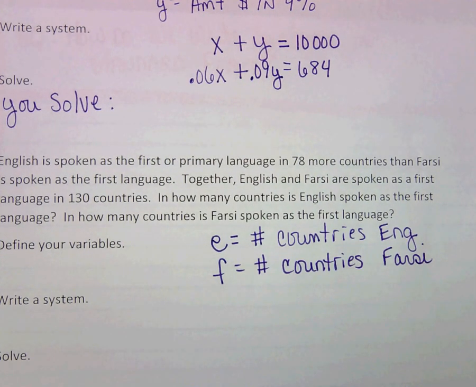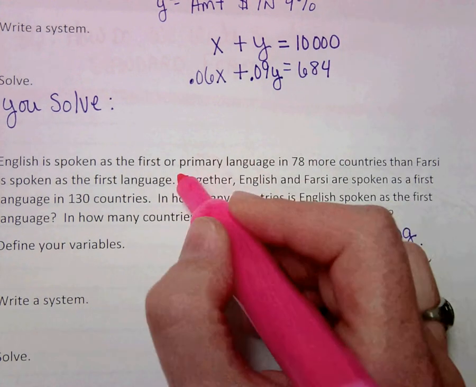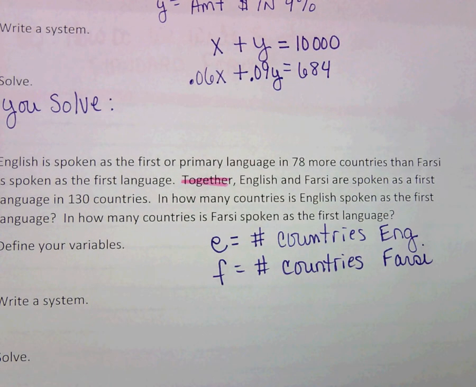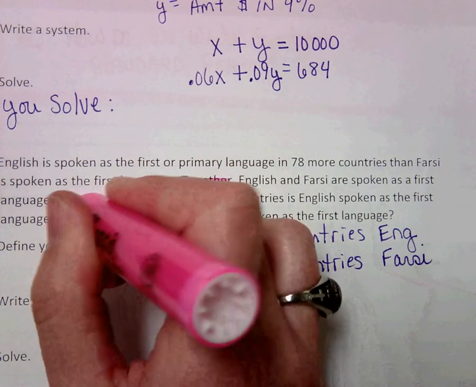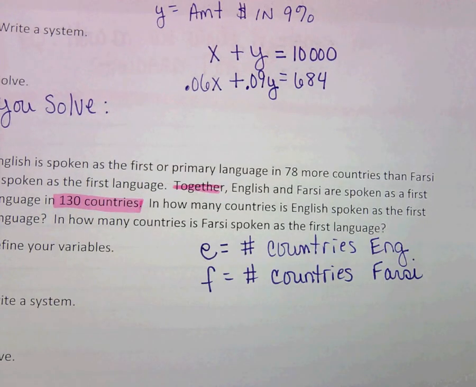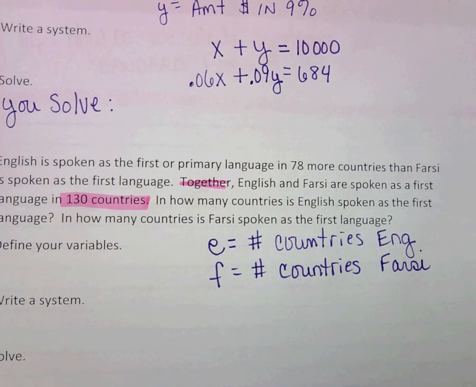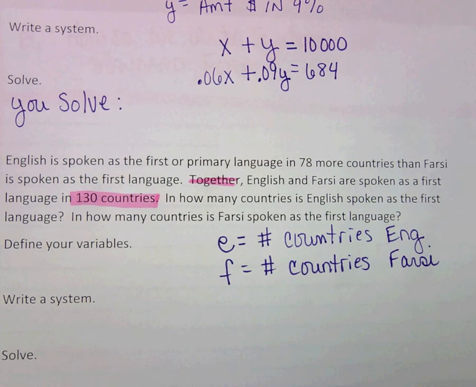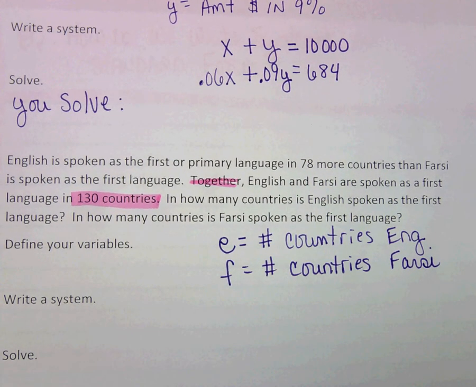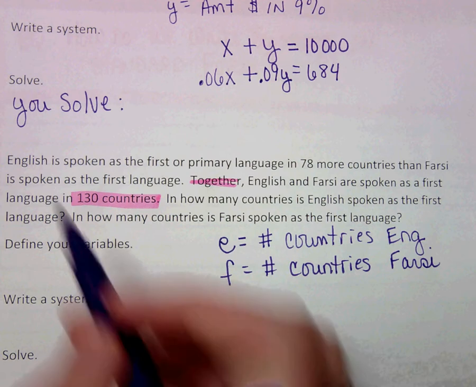Now, in this problem, do we have some totals? I think it says here that together, English and Farsi are spoken as a first language in 132 countries. So that would be one total. But we don't have a second total. What we do have is a sentence that we can translate.